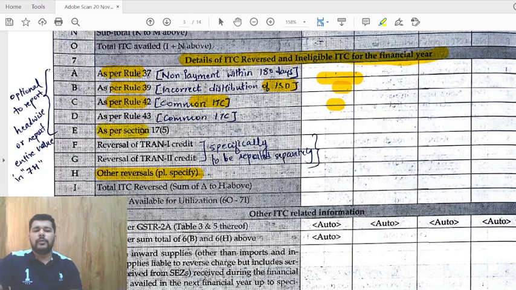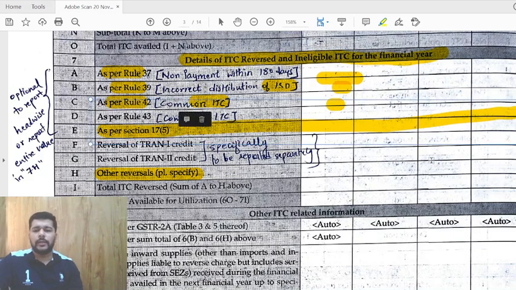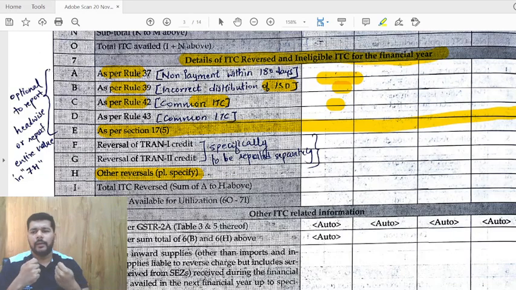Now, very importantly, there is one row over here which says the details of input tax credit reversed and ineligible ITC. Now here, as per 17.5 is what they say. Firstly, I have a candid view, and I'm just humbly submitting it, that the reporting of ineligible credits as first availed and then not claimed, or first availed and then reversed, I somehow don't really believe in that theory of working, because the law doesn't make it compulsory for you to report those.